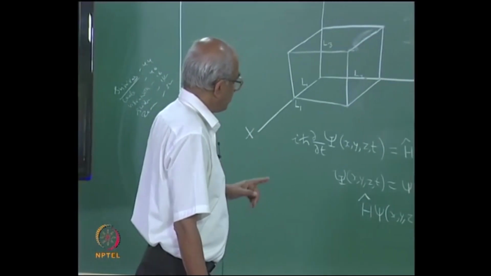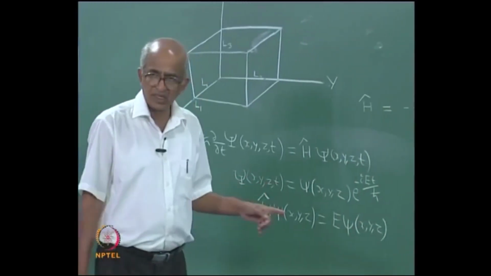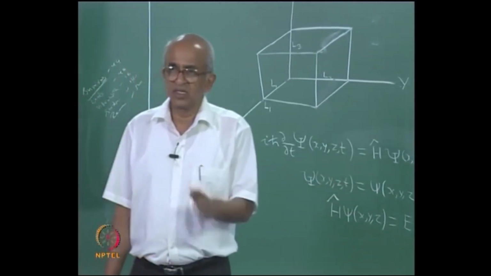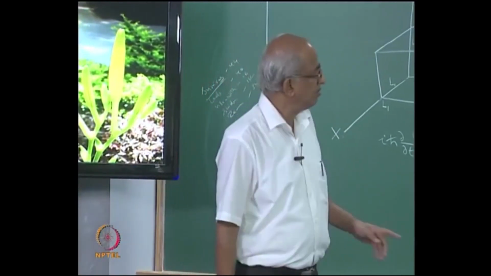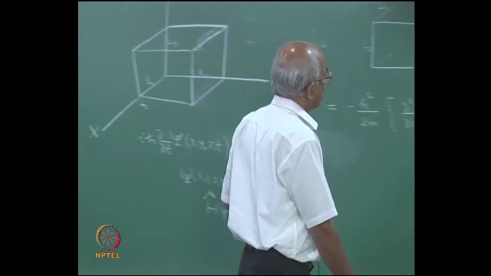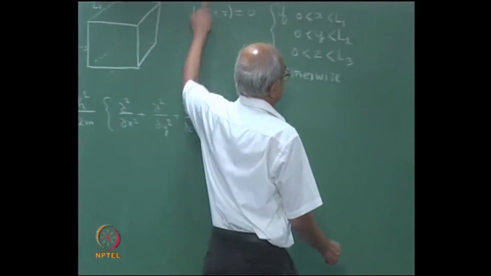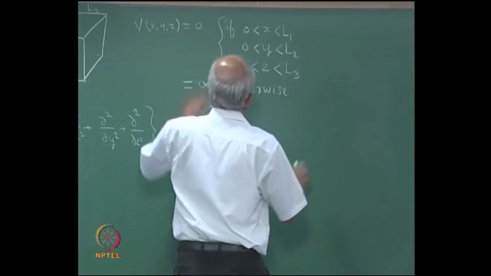So, what we are going to do is we are going to use the method that we have already used, the method of separation of variables. But before I do that I want to point out something to you. The potential as it is defined, V of x, y, z.